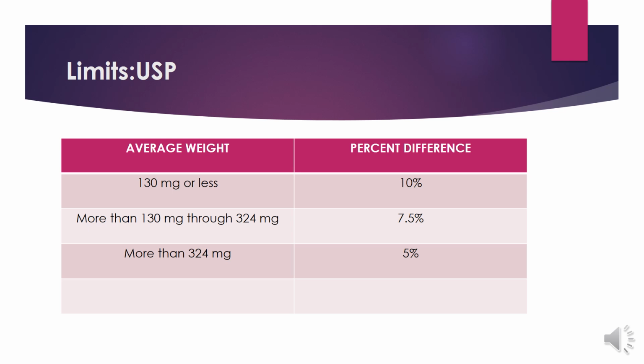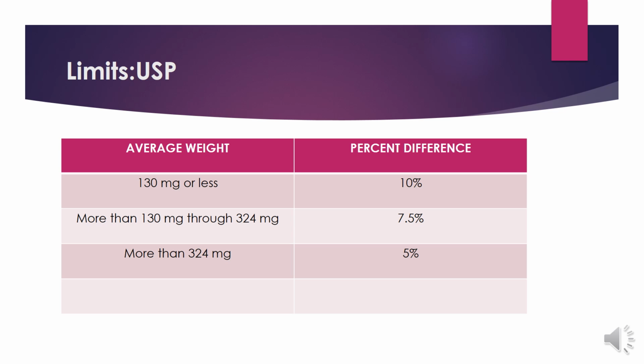Similarly, if your tablets' average weight is more than 130 mg and up to 324 mg, means in between 130 and 324, in that case if it's 250 mg, it can be 300 mg and so on, then the difference that is allowed is 7.5%, and your 20 tablets' weights must be compared within this limit, and again at least 18 should be within this.